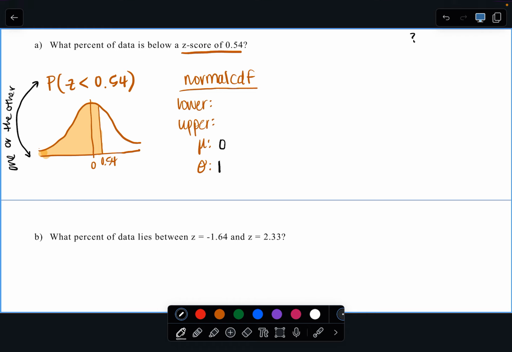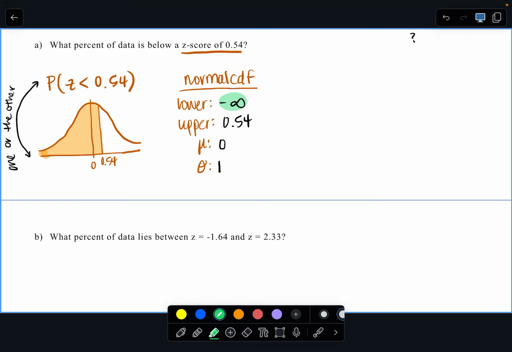Now, in order to do a lower and upper, on your paper, you're going to write, I'm going from negative infinity all the way up to 0.54, because you're telling your calculator what you want it to look at. You want it to go from the very, very bottom all the way to 0.54. Now, a little disclaimer before you get there, because some of you might be seeing it now.